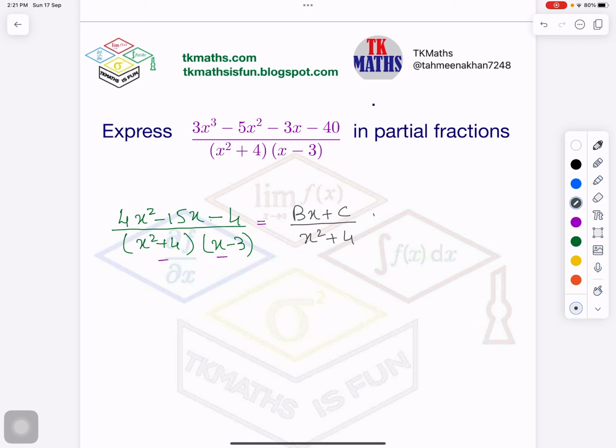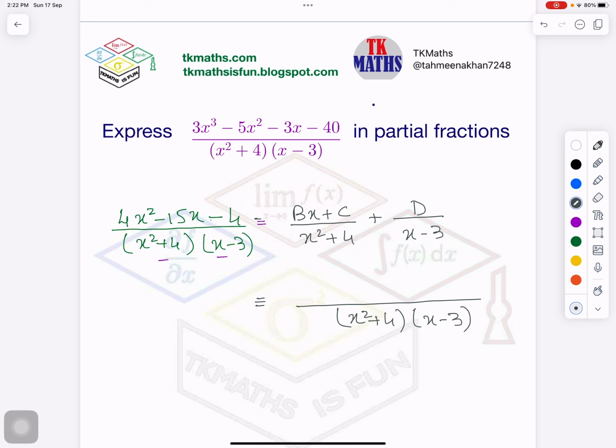Now I have 3 unknowns. I can go by the comparing coefficient method or by the substitution method.